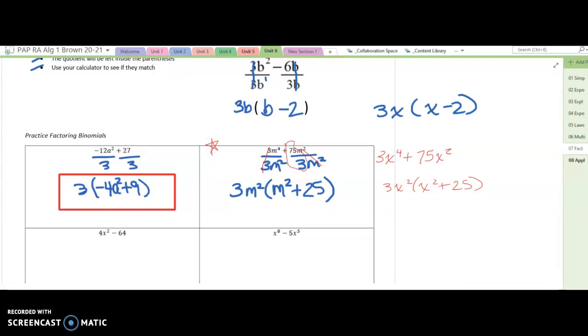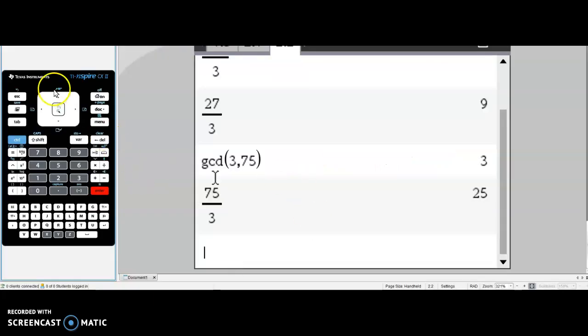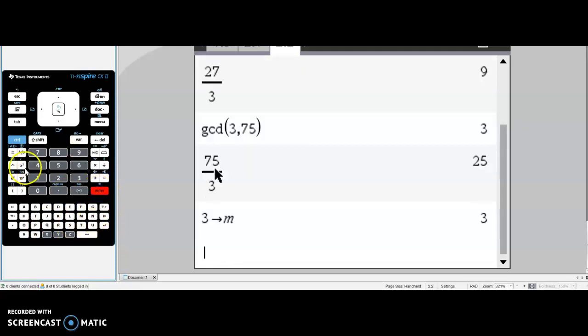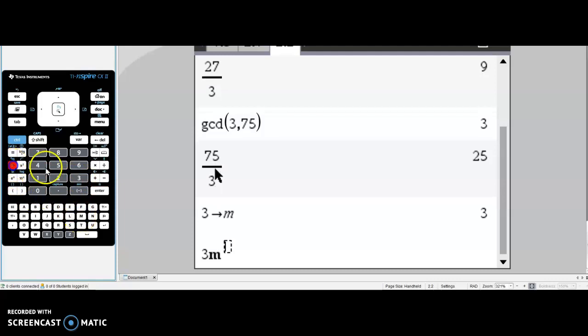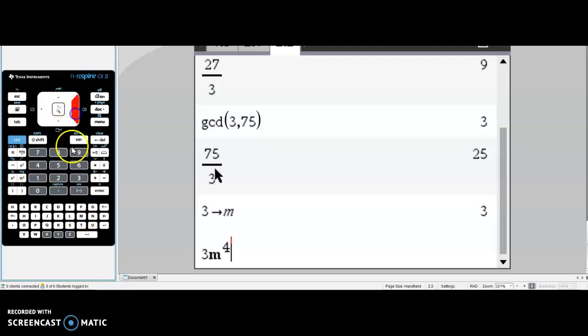All right, so what I want you to do, you know what, let's do it. See if you remember how to do true false. Let's do this. It was 3, control, variable, it was an m, right? I hit enter. All right, and it was 3m raised to the 4th power, arrow over, plus 75m squared.